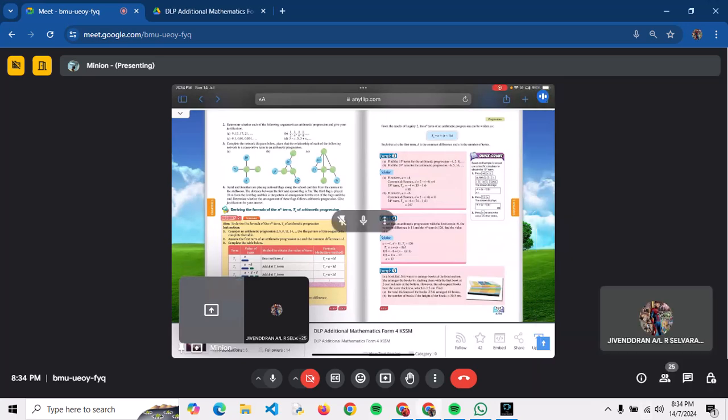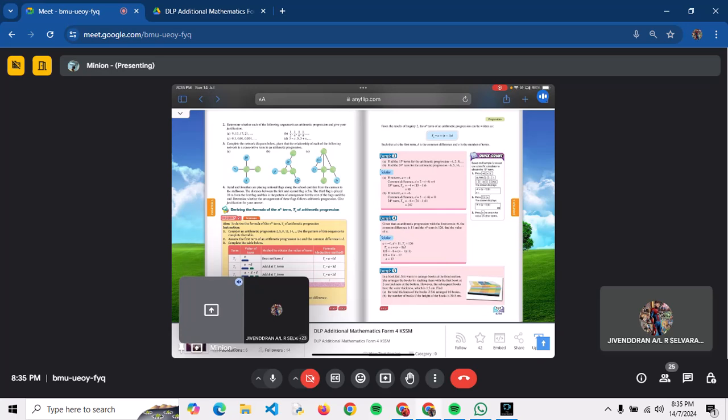I'll read the question first. Azrul and Jonathan are placing national flags along the school corridor from the canteen to the staff room. The distance between the first and second flag is 5 meters. The third flag is placed 10 meters from the first flag, and this is the pattern of arrangement for the rest of the flags until the end.